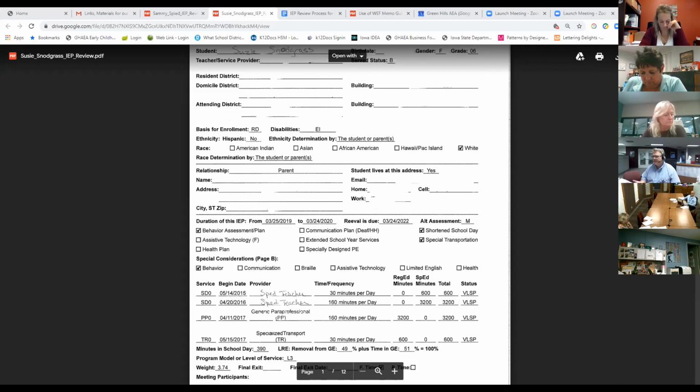But what about that transportation? What if it really just meant a within district route? If there's really not an attendant and it's just a within district route, then this kid could become a level 1 kid. Those are the kinds of issues we come across.